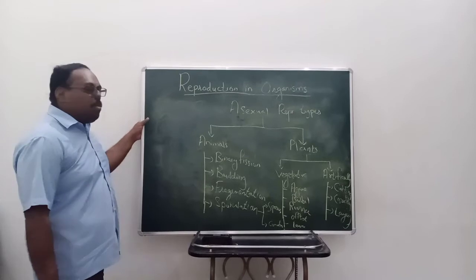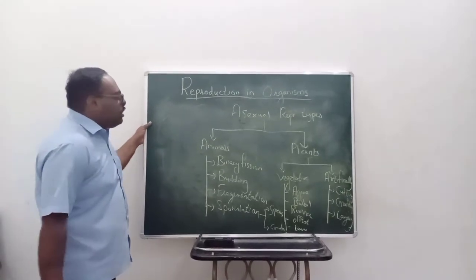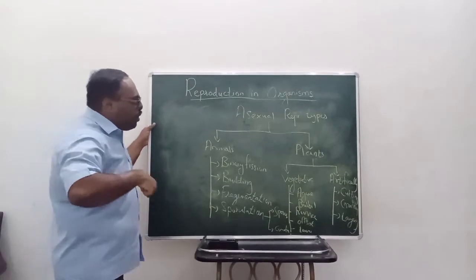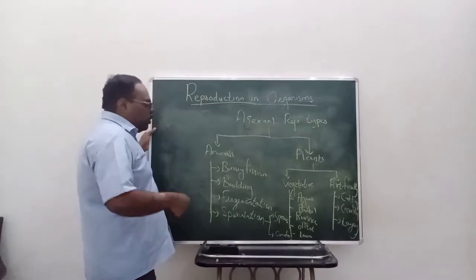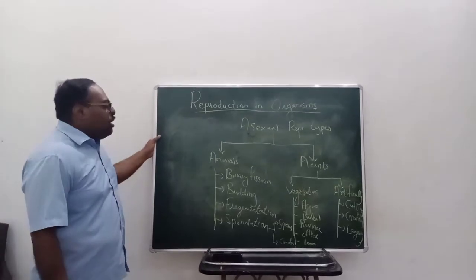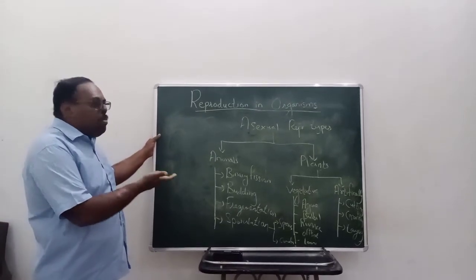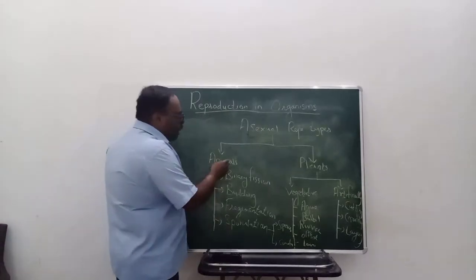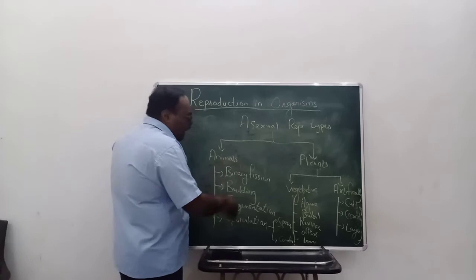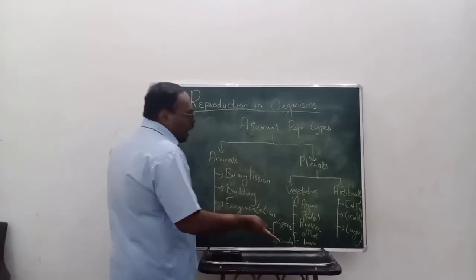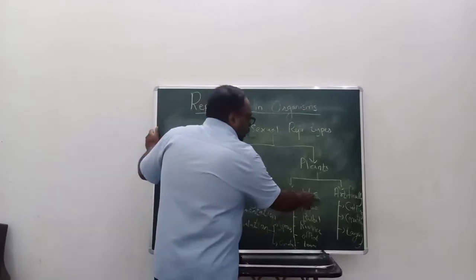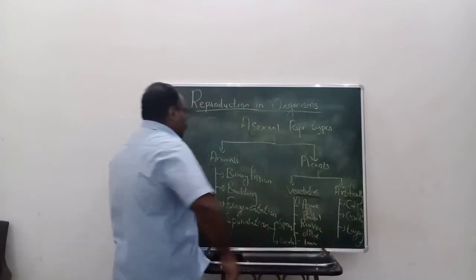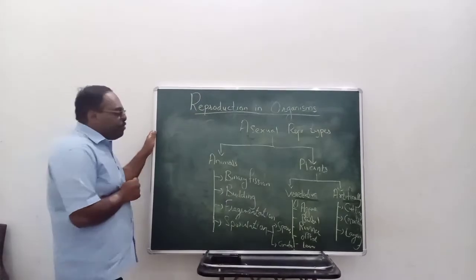When we discuss asexual reproduction in animals, some lower forms of organisms also come in, for example amoeba and yeast. So all of these I have included inside animals. And in plants, there are two parts: one is the vegetative part and another which we do artificially. So we have to discuss one by one.